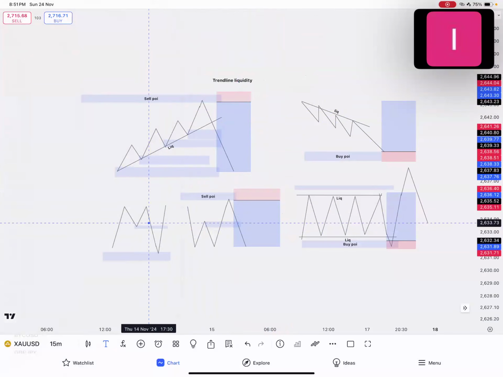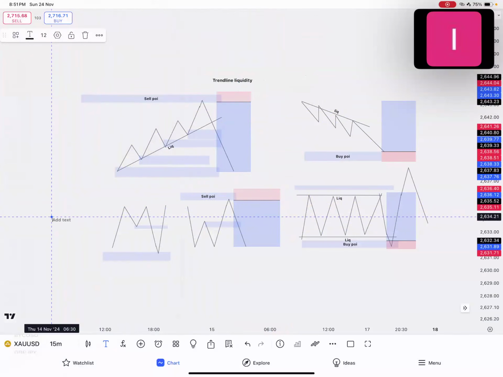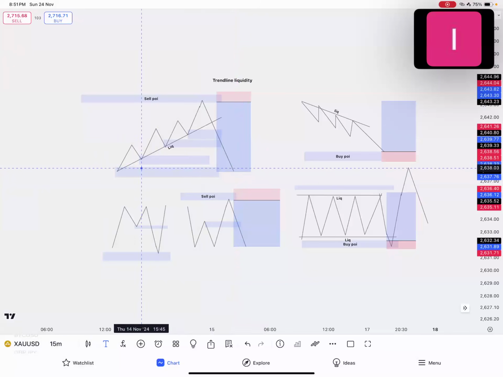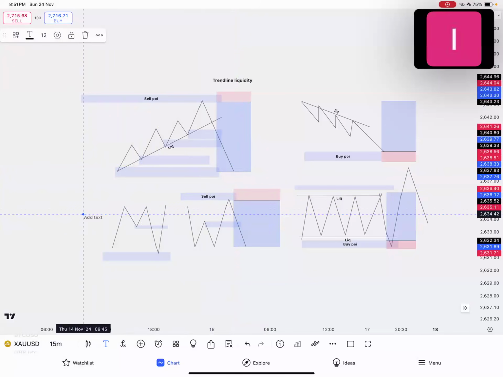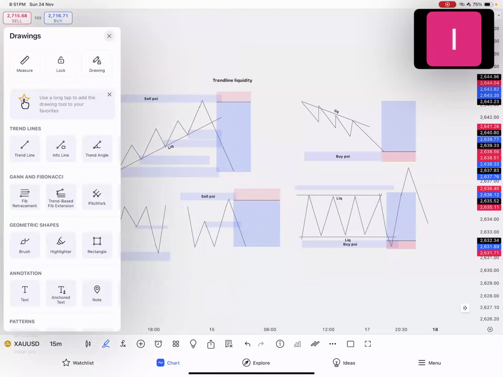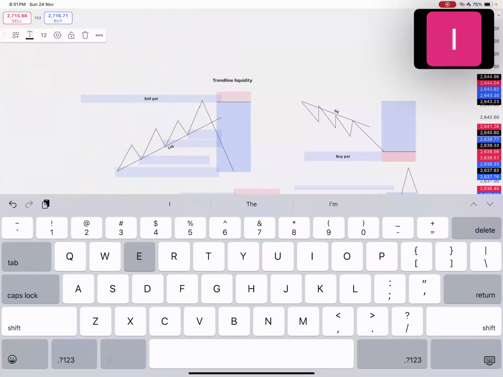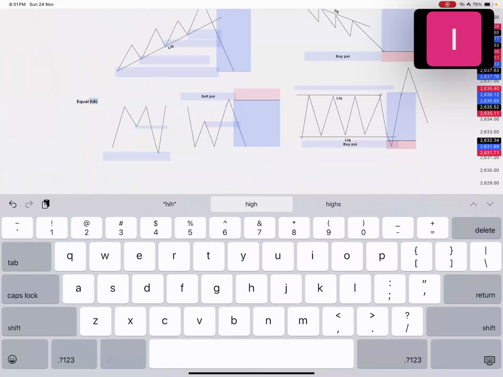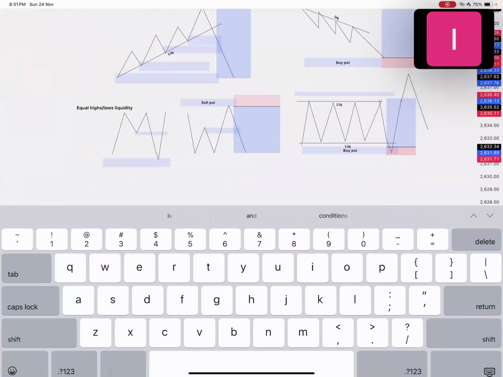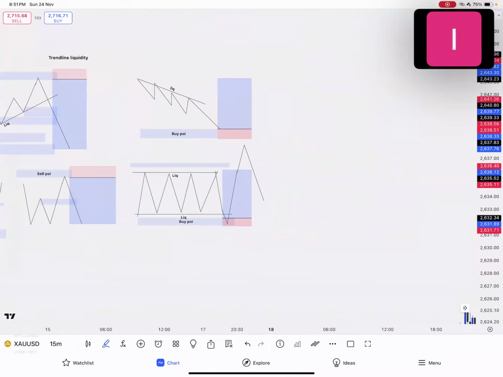The equal highs and equal lows liquidity. Then we have your ranging liquidity.